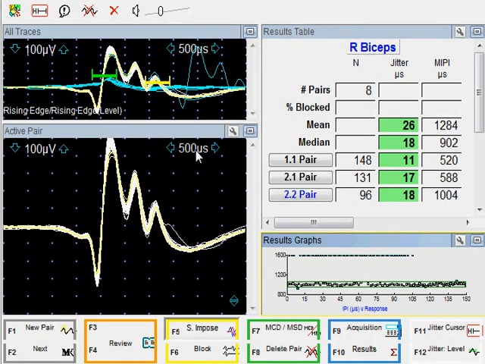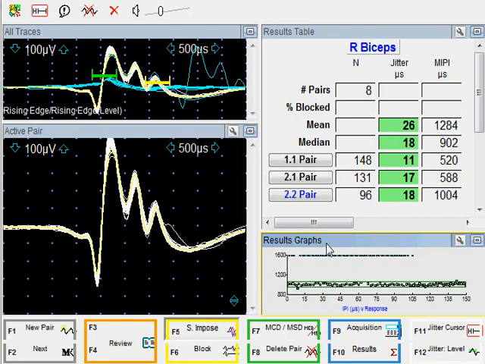Now come back to our normal recording. You will also see there are some traces in blue color over here. These are the traces that did not cross the window, the start window or the stop window, and therefore they were excluded from analysis. So blue color means these are the traces not used in jitter analysis.